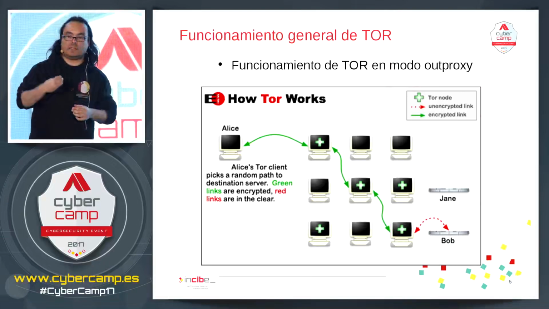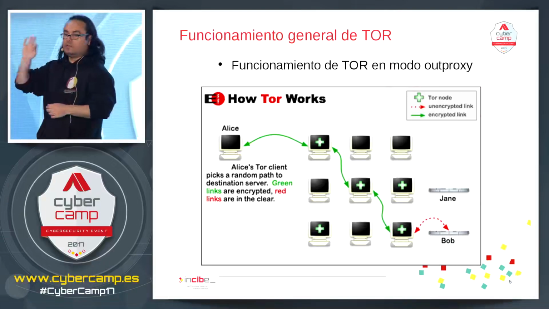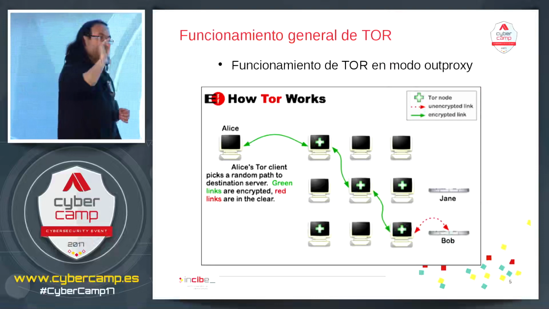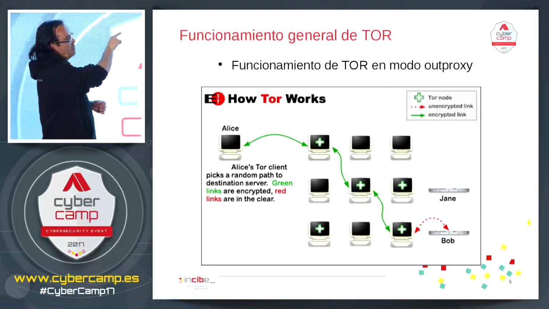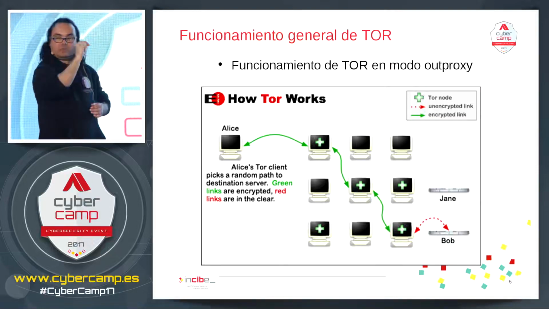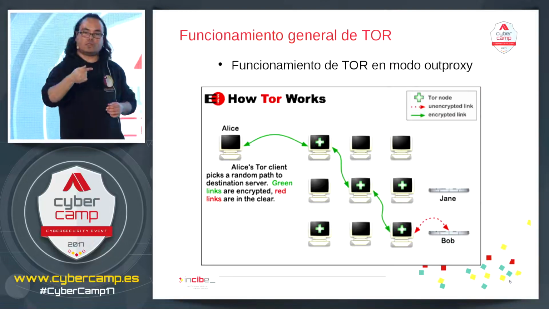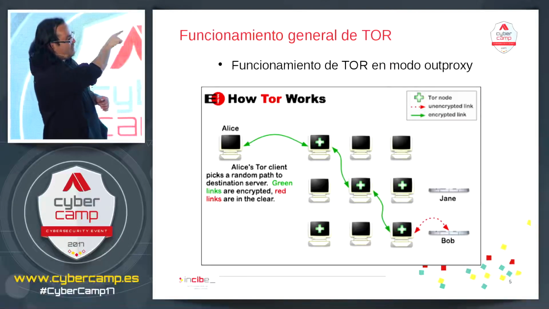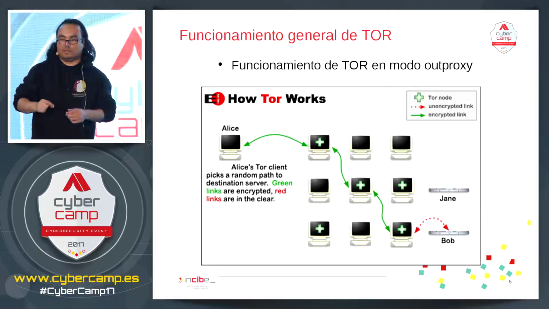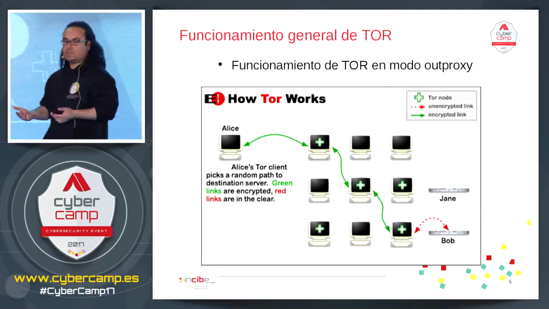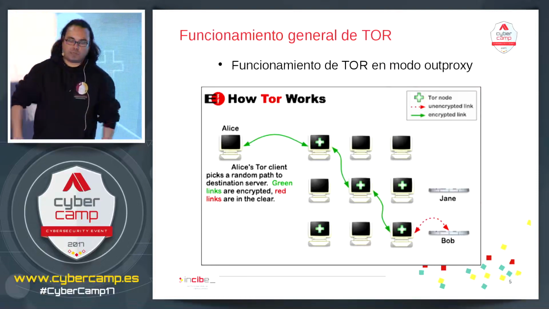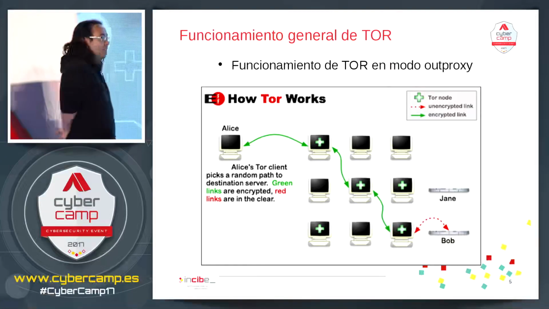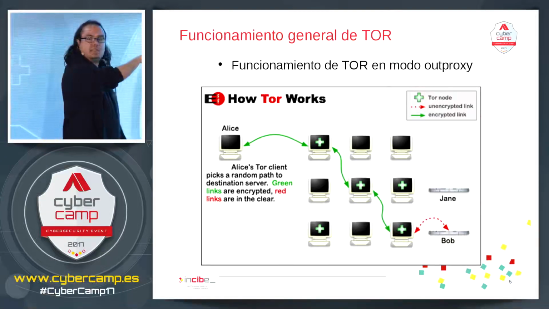So what does Alice do? Alice uses the TOR network and requests three relays: an input, an output, and a relay. This way it routes all the packages through all these relays. This is the classical out-proxy model that you may know.